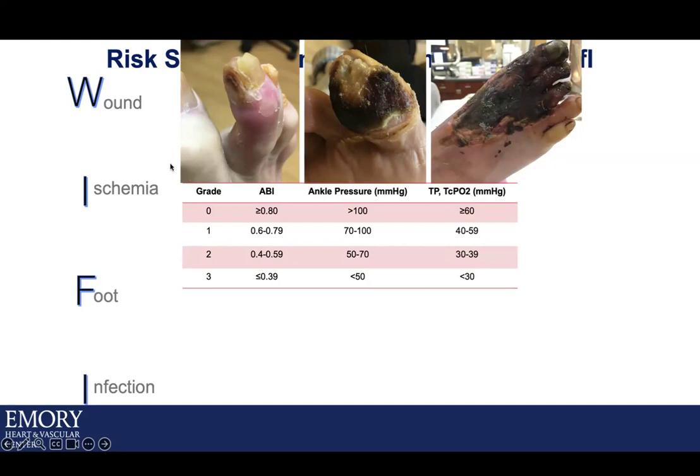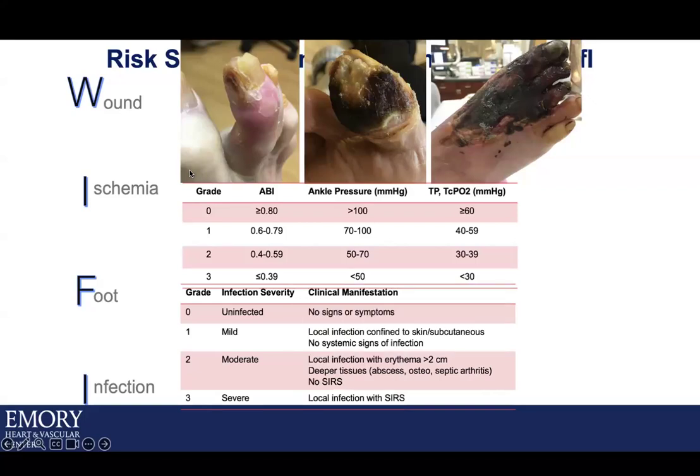That's the 30, 40, 50 rule that I mentioned earlier. And then the third part of the Wi-Fi score is the foot infection. And again, from 0 to 3: no infection, mild, moderate infection with deep tissue involvement, and then the severe infection with systemic sepsis. And so the higher the score of the Wi-Fi, the higher the risk of amputation.